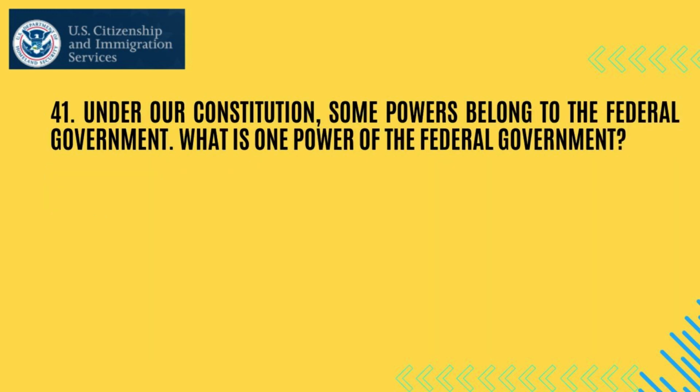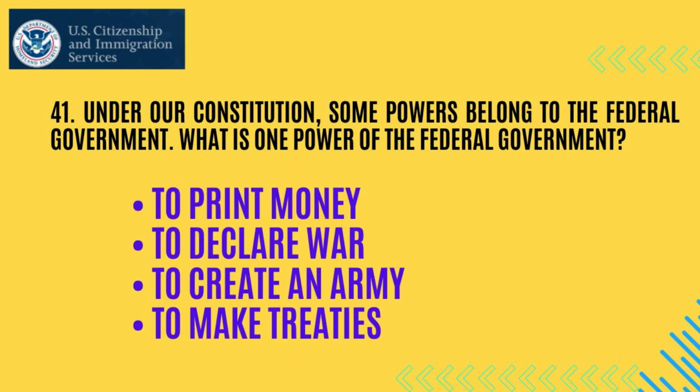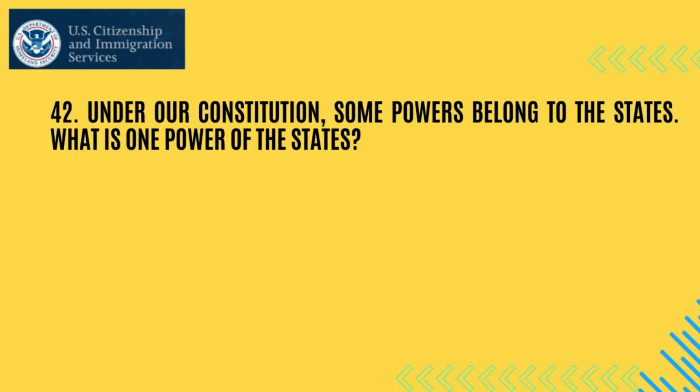41. Under our Constitution, some powers belong to the federal government. What is one power of the federal government? To print money, to declare war, to create an army, to make treaties. 42.